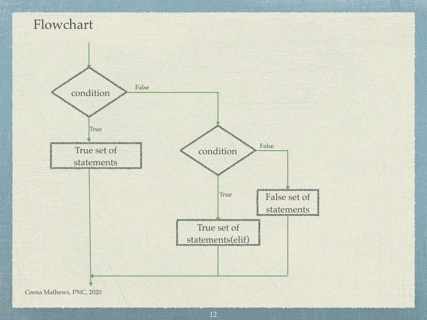If the second condition is false, the false set of statements is executed. So if both the conditions are false, it will execute the false set of statements that follows the else statement. In all the three cases, after the corresponding set of statements is executed, it will execute the next statement in the program.